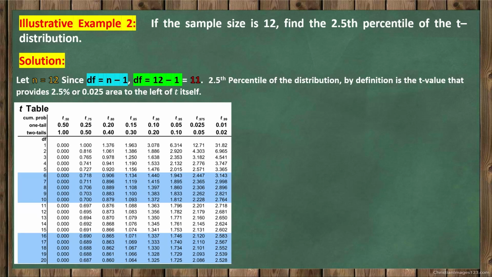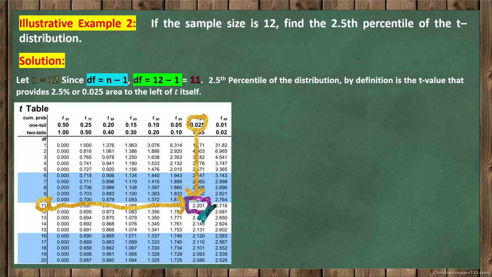In this case, ang ating area is 0.025, ito po siya. And then ang ating degrees of freedom is 11. Their intersection will be equal to 2.201.